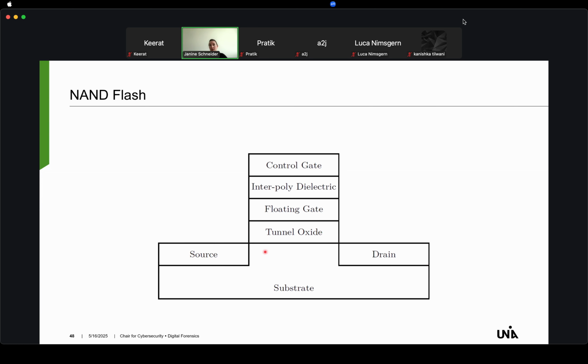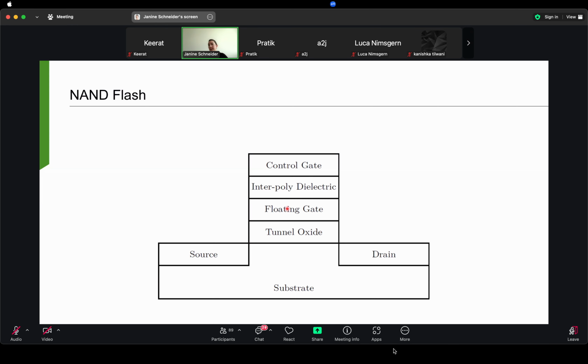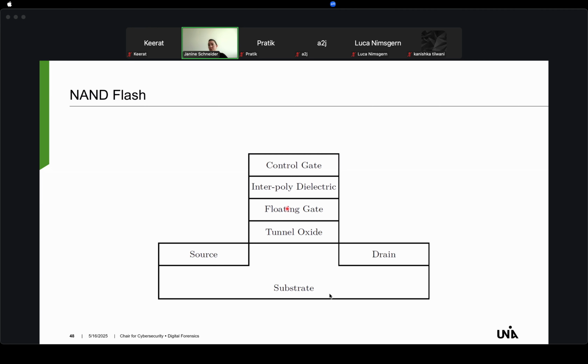The electrons tunnel through that oxide to the floating gate. We will see that in a second. They travel to this isolated gate, and then the electrons are captured and remain there, even if the applied voltage is removed. This is how data is stored in a NAND flash cell.